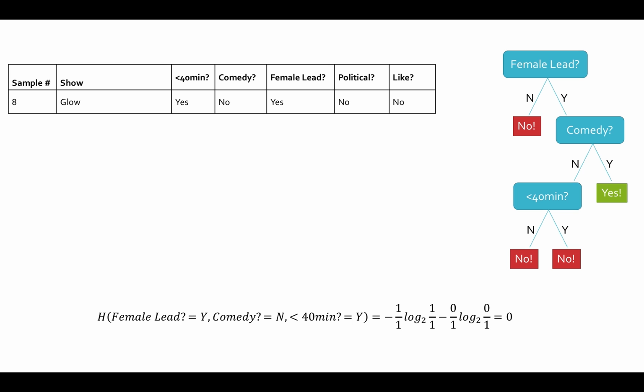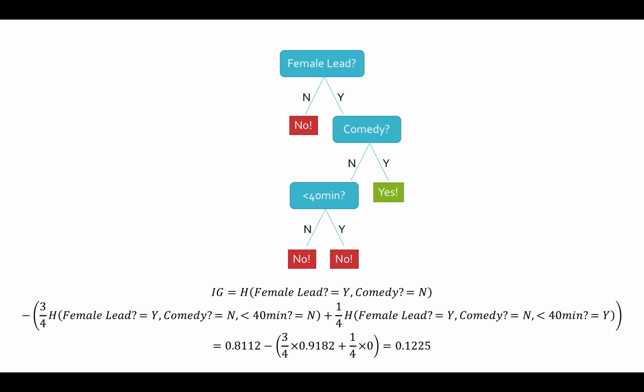For less than 40 minutes equals yes, we see that all of them are no because there's only 1 sample. So the entropy in this case is 0. But this looks bad, right? If we're saying no on both sides, there's no real reason we needed to ask a question. Before we look at the next feature, let's calculate the information gain.